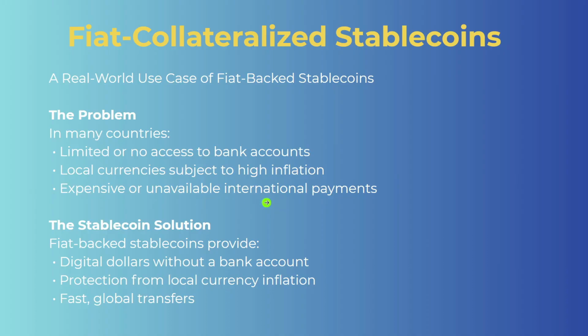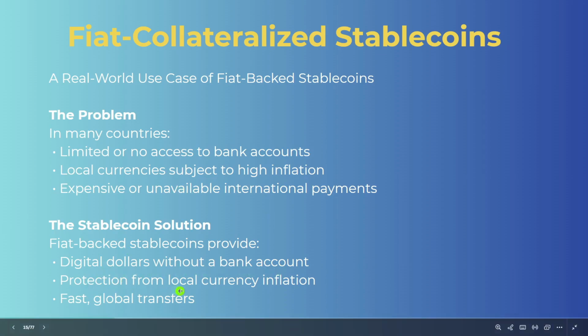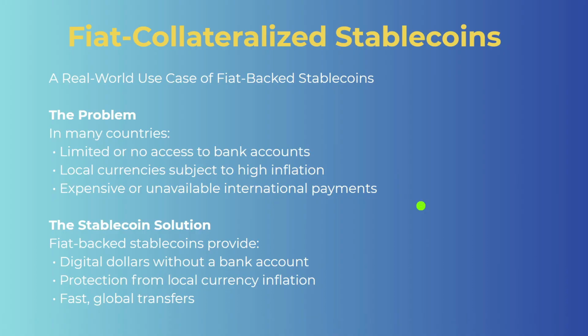Stablecoins provide a solution, especially the fiat-backed stablecoins, like we said, USDC and USDT, because they provide digital dollars without a bank account, protection from local currency inflation, and fast global transfers. So they have a clear and very important use case that is helping a lot of people all around the world.